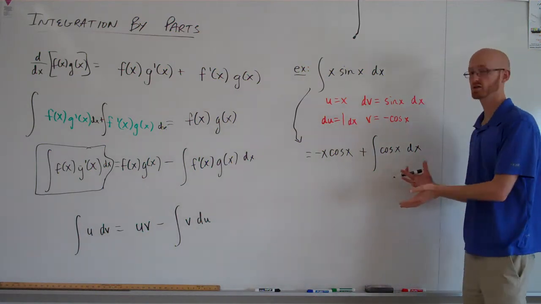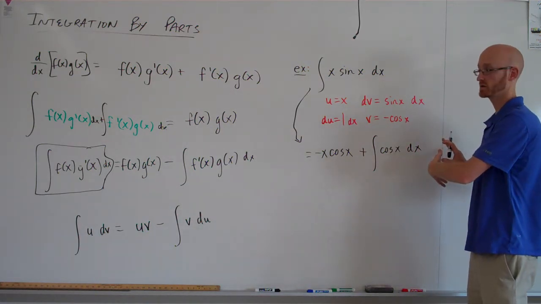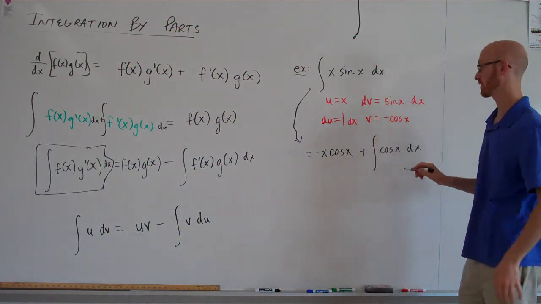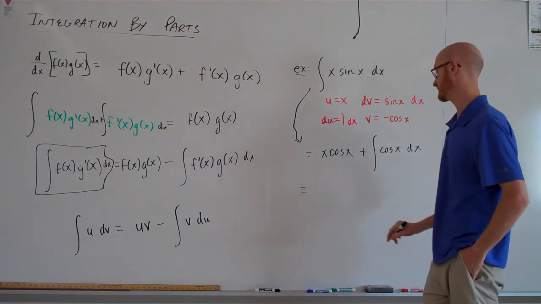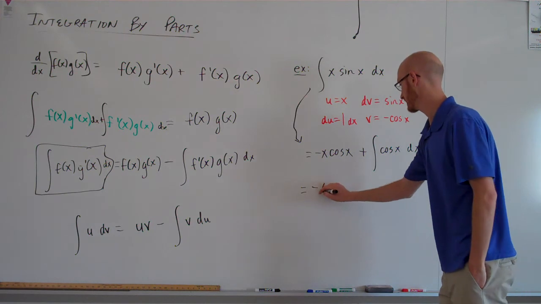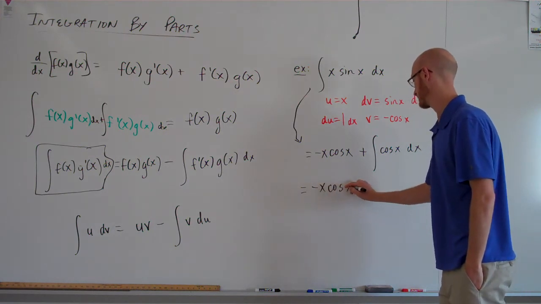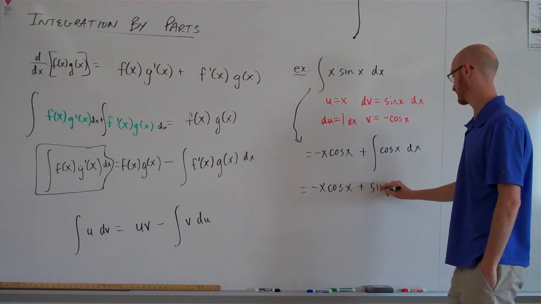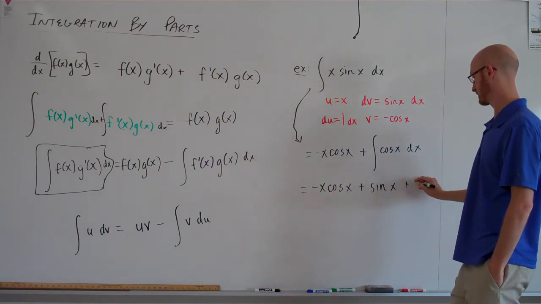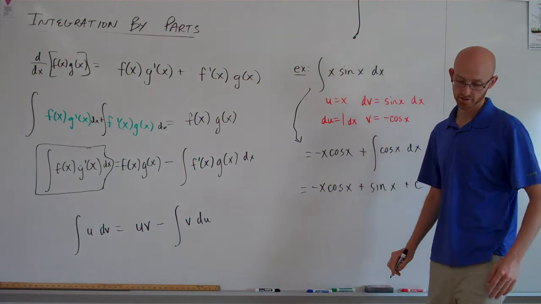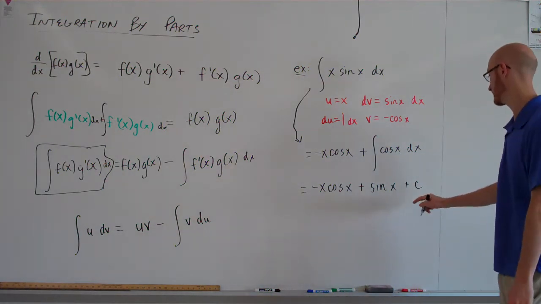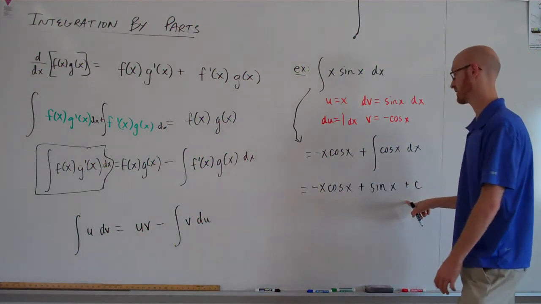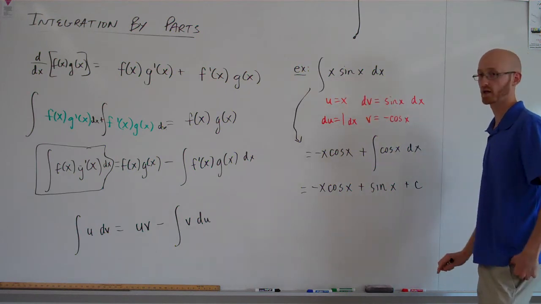So we can rewrite this to have basically a new iteration of our product rule. And now negative x cosine x, and we just anti-differentiate cosine of x, which is sine of x, plus c. And so if you take the derivative of this whole expression, you'll get x sine x.